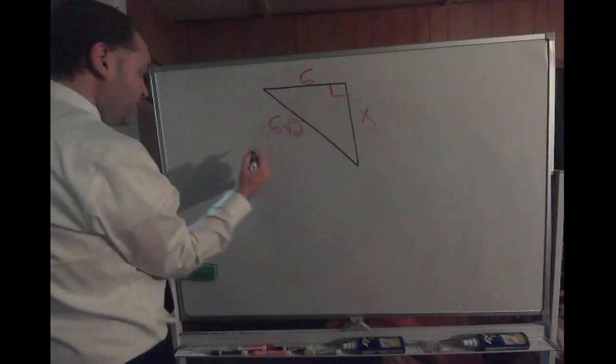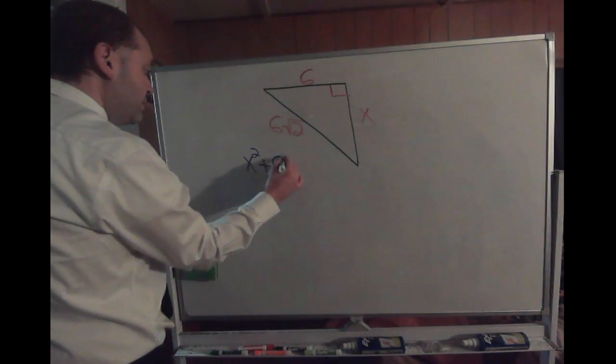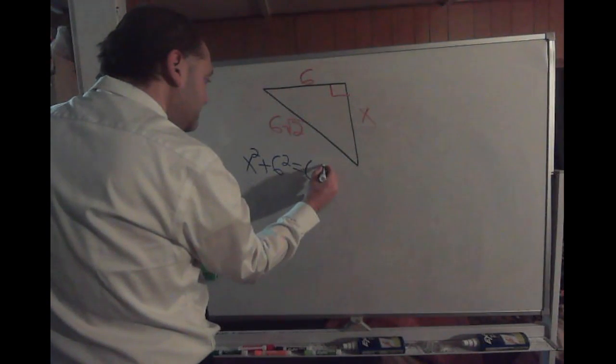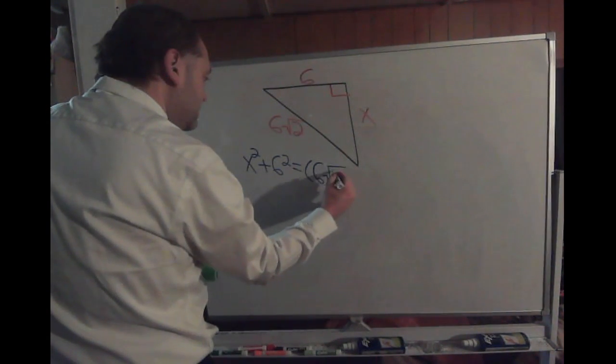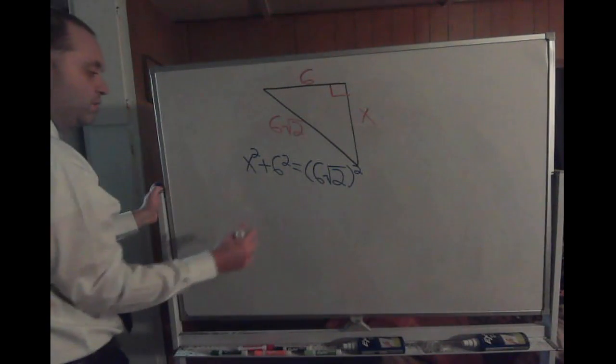So of course, take your x squared plus your 6 squared. You'll set that equal to the length of the hypotenuse squared, which would be 6 times the square root of 2 raised to the second power.